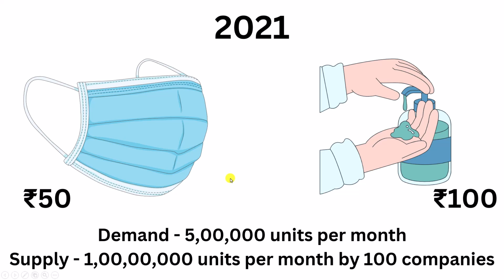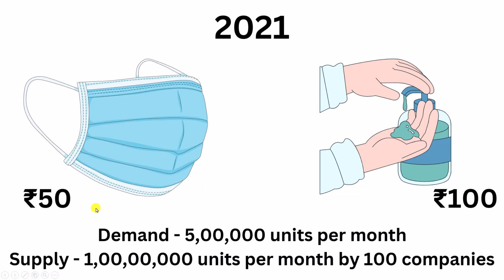This is because people do not want to buy these items and the sellers are ready to sell them at whatever price the buyers are ready to buy at. The sellers just want to sell the items and they are ready to sell it at lower price.